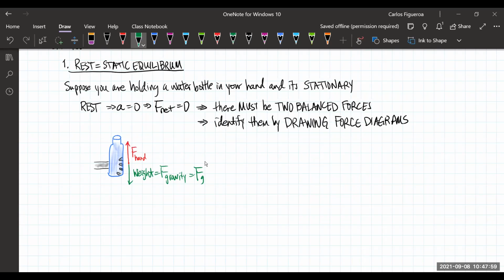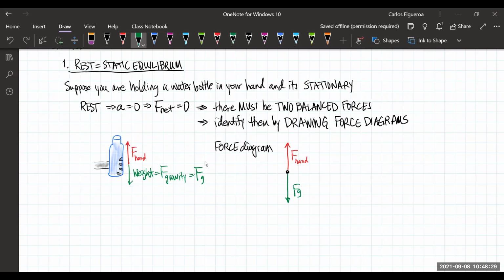That's our force diagram. We typically draw just a dot, and then we say, yep, there's the force of my hand. And then the force of gravity has to be equal and opposite.